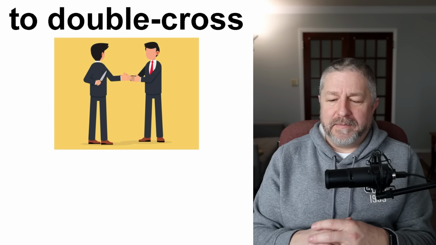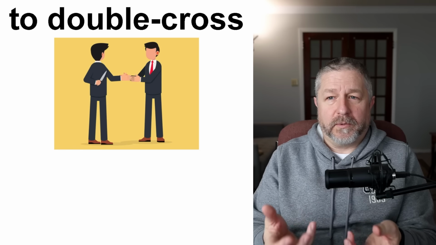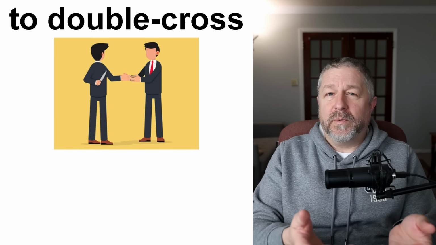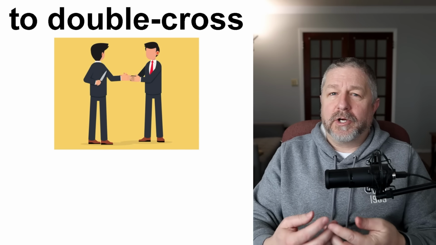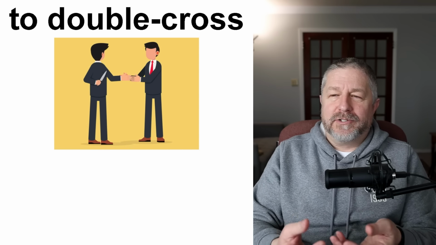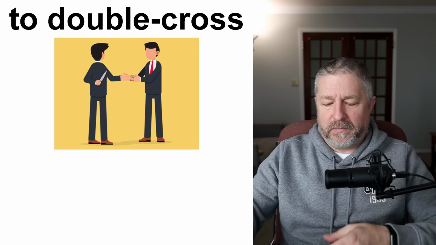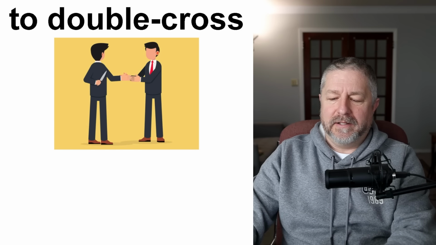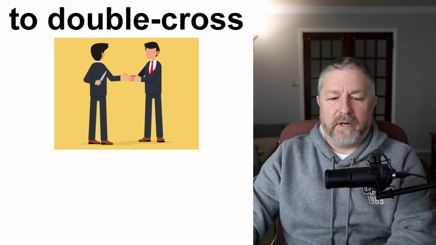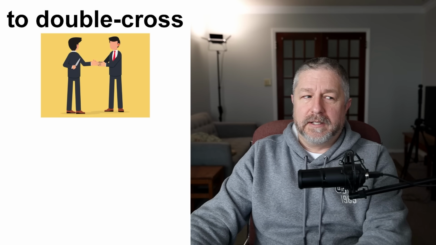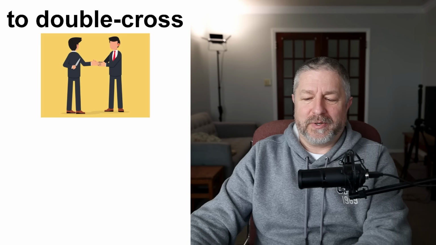So oftentimes in action movies, someone will double cross the people who trust them. So maybe a group is planning to rob the bank, and one person double crosses them and goes and tells the police what they're going to do. So in English, when you double cross someone, it means they trust you, but they probably shouldn't trust you.